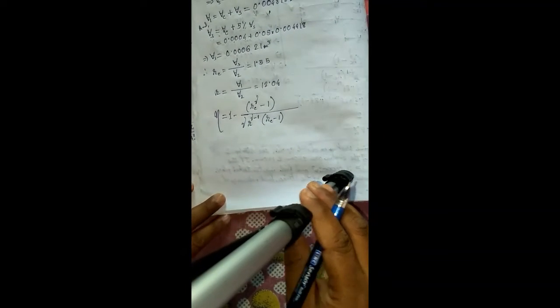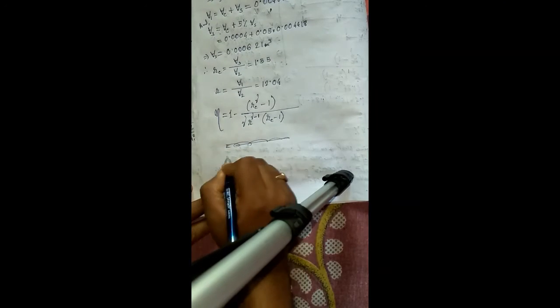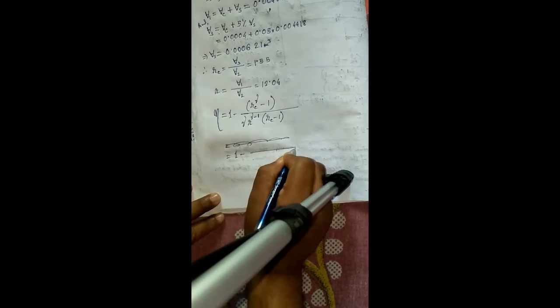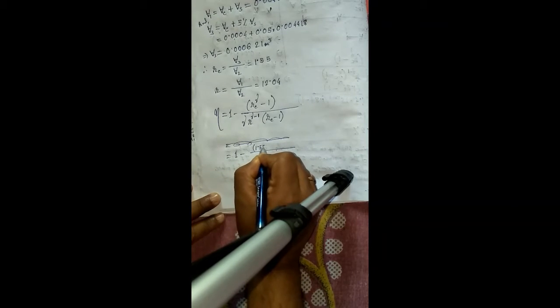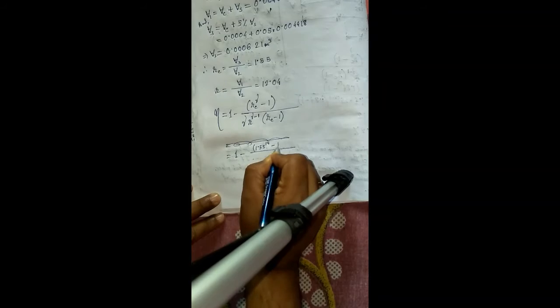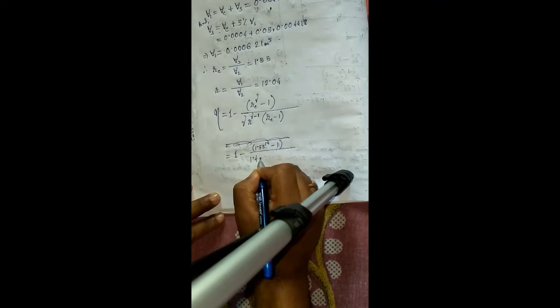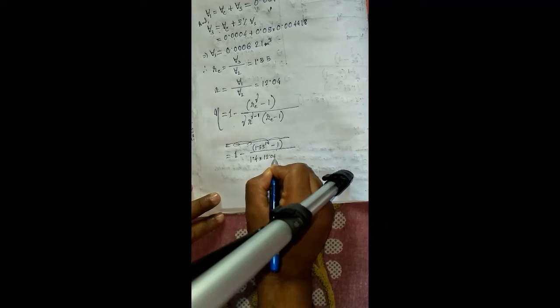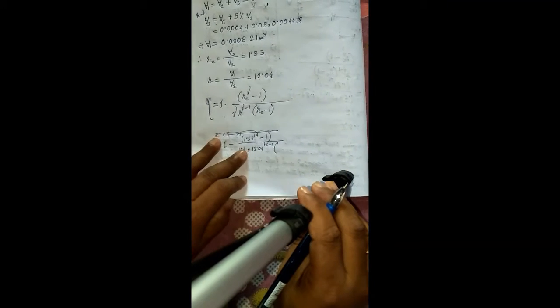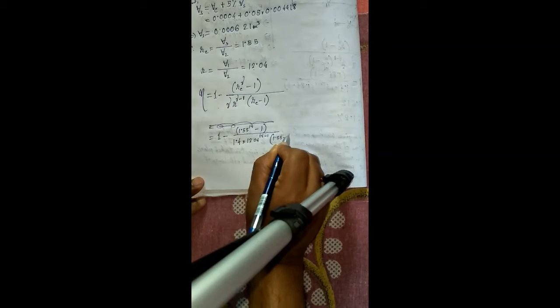Now substituting all the values in this equation: 1 minus, the value of RC is 1.55 to the power 1.4 minus 1, gamma value is 1.4, into R is 12.04 to the power gamma minus 1, into 1.55 minus 1.